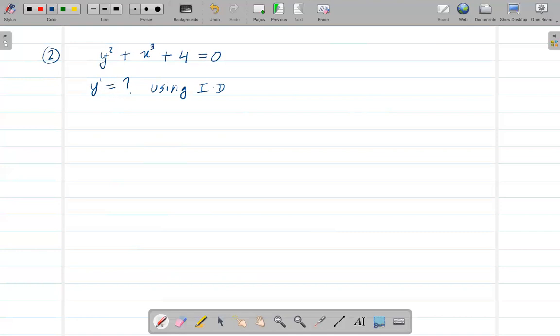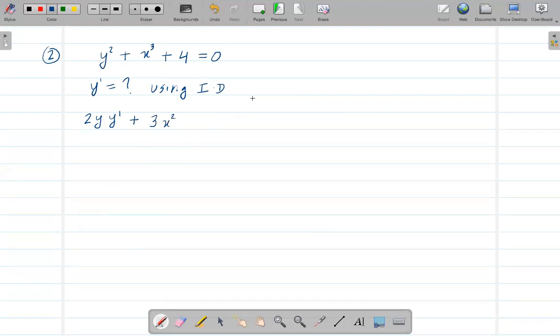Using implicit differentiation, since y is a dependent variable, first I take the derivative of this whole thing using the chain rule. First take the differentiation of the whole thing with respect to y, and then take the derivative of the inside y, which is just y prime, plus, since this part is in terms of x, I can directly use the power rule, which will be just 3x squared.